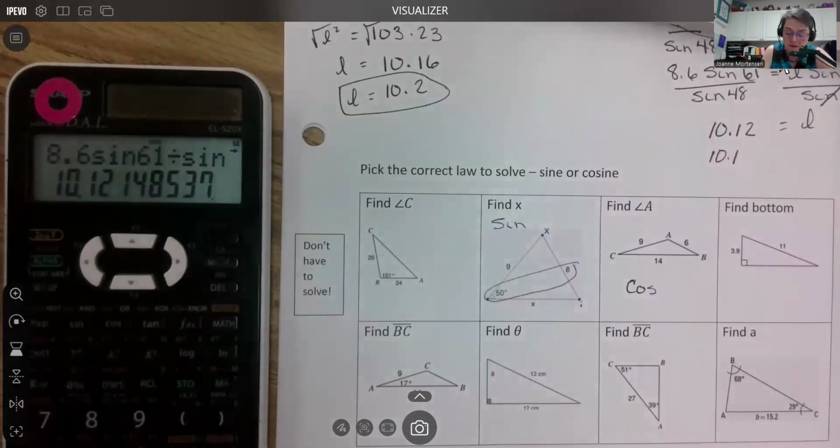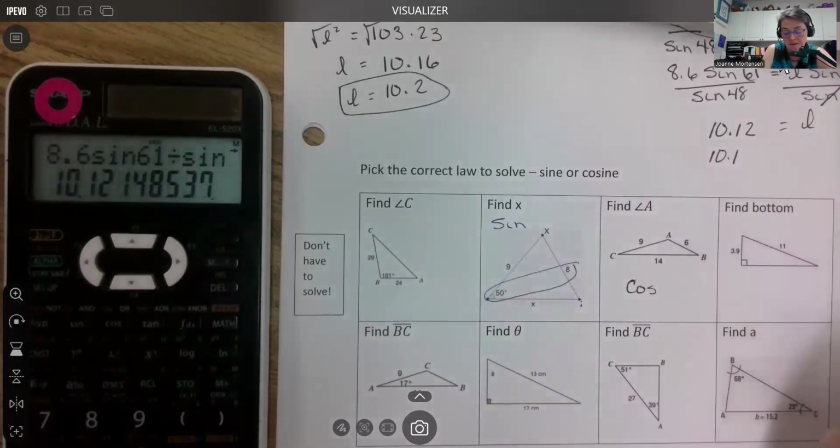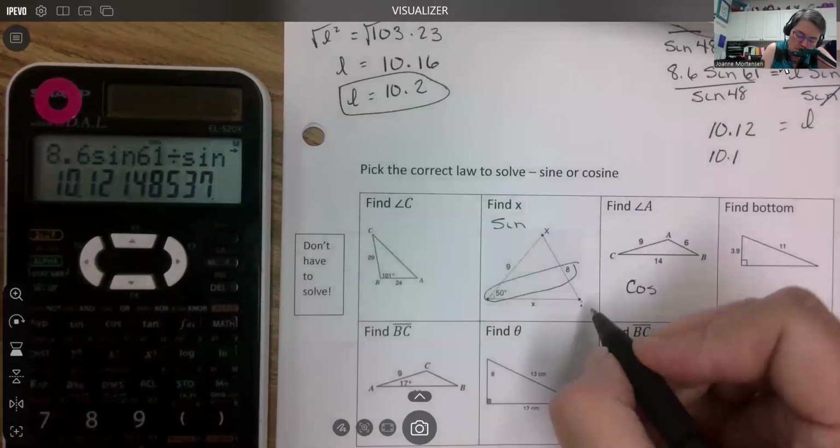I think I'm missing part of the question. I think there's supposed to be a number here.